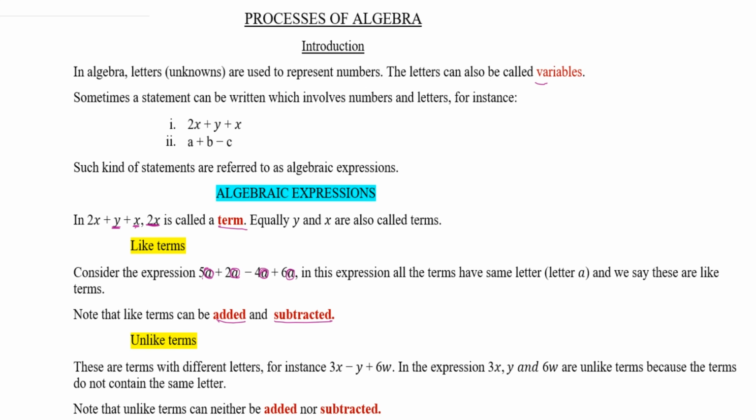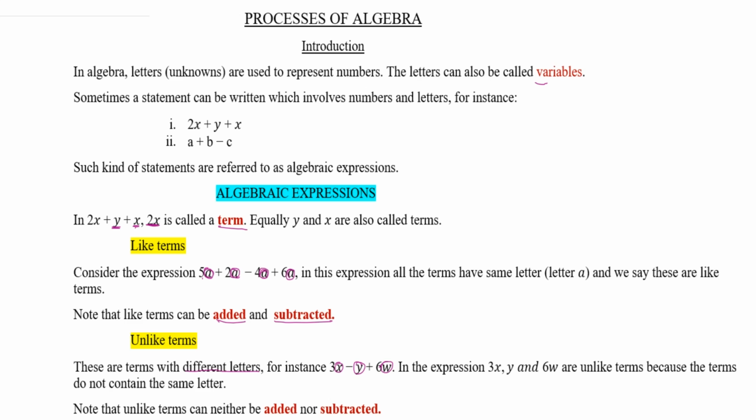Further, we can talk about the unlike terms. Unlike terms are just the opposites of like terms, and we are referring to them as those terms with different letters. When you find terms with different letters, then you are saying they are unlike terms. For instance, in the expression 3x minus y plus 6w, you find that there is x, there is y, and there is w.